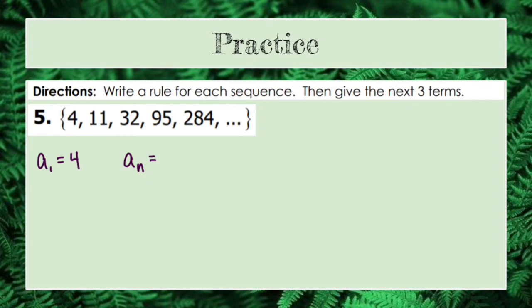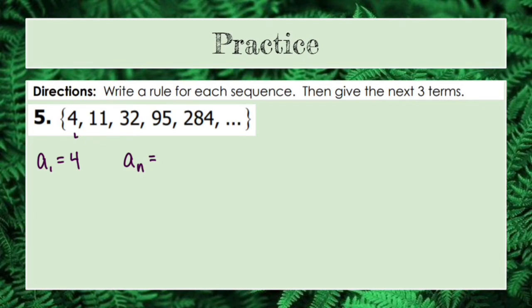Then let's think about combining the two. Using multiplication, how can we get close to 11 using the number 4? We can do it by saying 4 times 3. So that gets us to 12. And then if we subtract 1, that'll get us to 11.